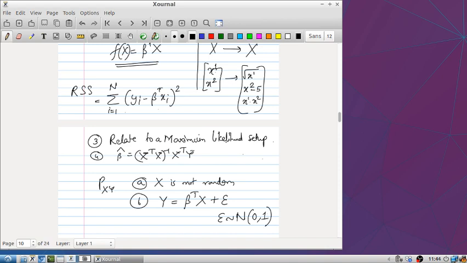Let me put 1 for simplicity. So whenever I said there is a joint distribution between x and y, there are extensions of that. One extension is you can say y is just a deterministic function of x. So x is random, y happens to be x squared or sum of x's, individual x's. That means that y is not random anymore. Given x, y is just a deterministic function of x.